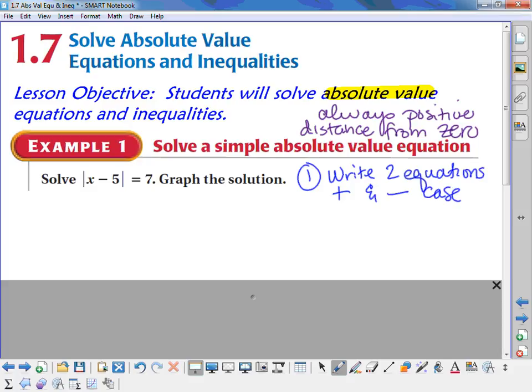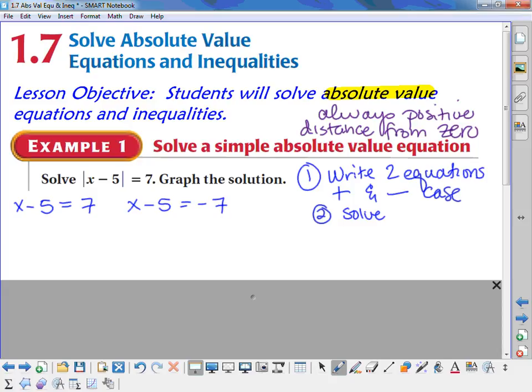And then you just solve it. So I'm going to write that x minus 5 is equal to positive 7, and I'm going to write x minus 5 is equal to negative 7, because either one of those is a possibility.